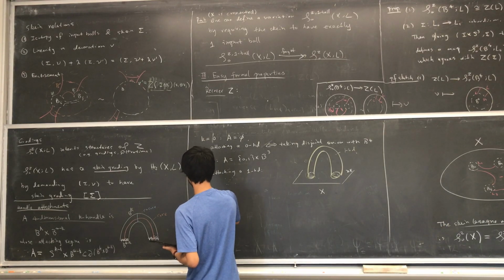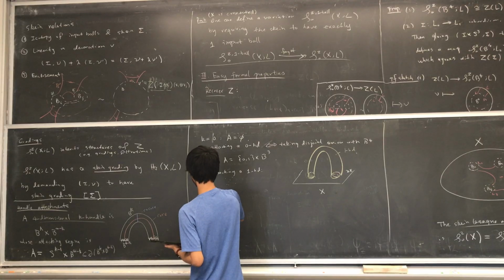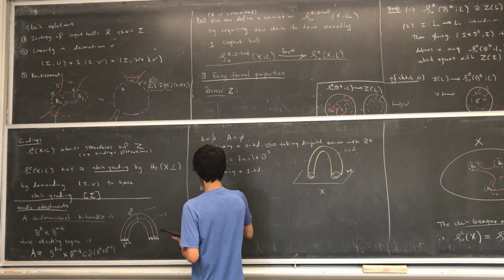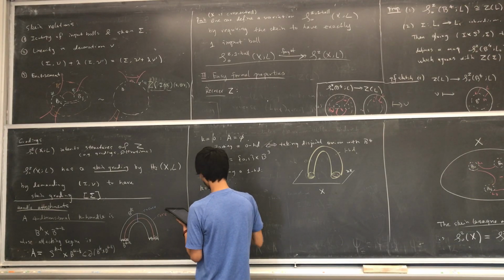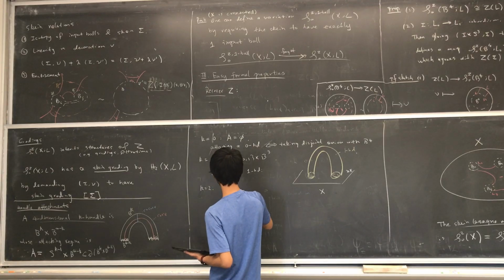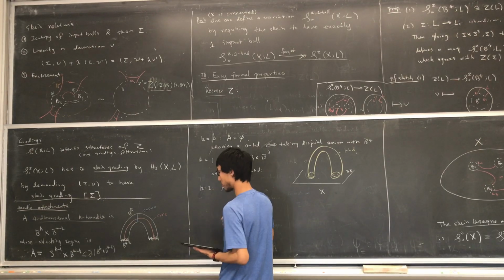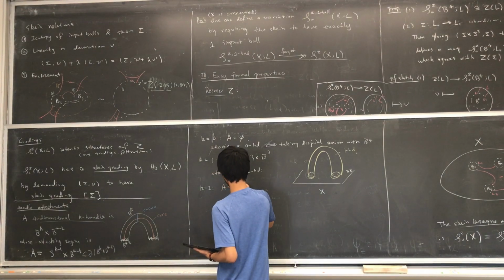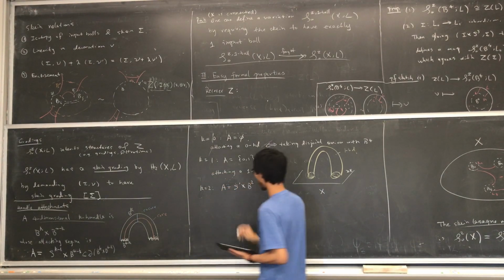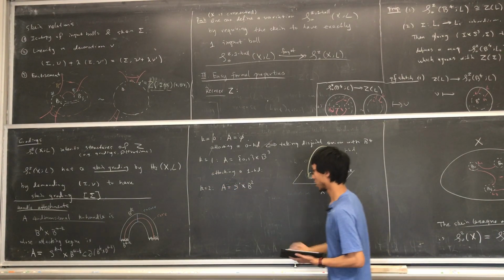Maybe for the purpose of the next talk, I also want to discuss attaching two-handles. For attaching two-handles, the attaching region is S^1 times B^2, a solid torus.